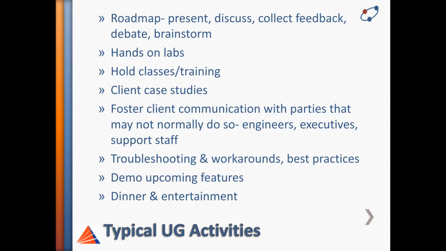So other activities are to foster dialogue between parties that normally wouldn't meet each other. So at the lunch table or at dinner, maybe you could arrange seating where executive management is sitting with a group of users. I've actually seen it where every table has a certain number of users and then a mix of people from the vendor itself, like one software developer, one salesperson, one marketing person, one executive.